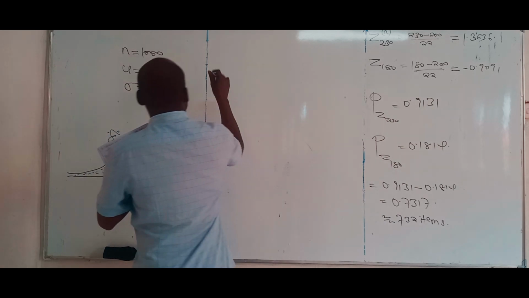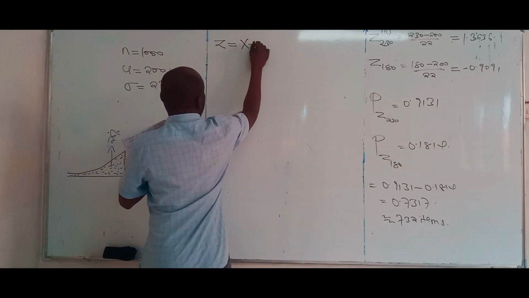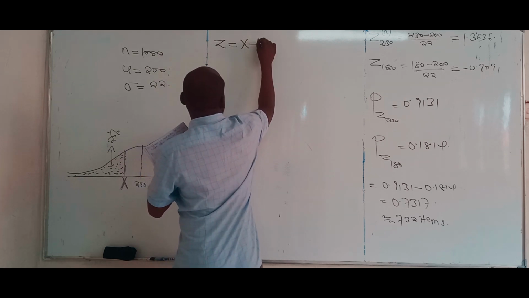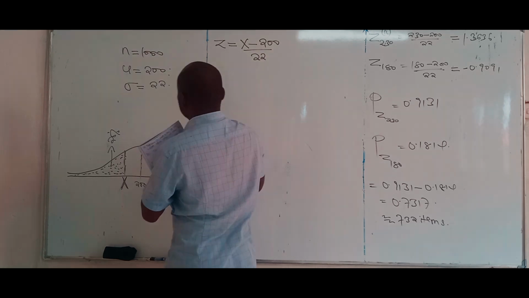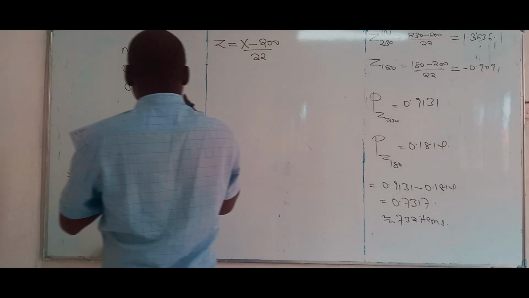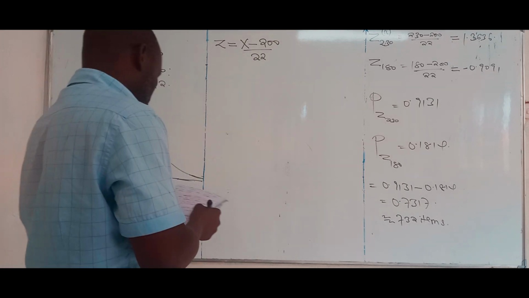So what I'm going to do is say Z is equal to X minus the mean, which is 200, all over 22, which is our standard deviation.